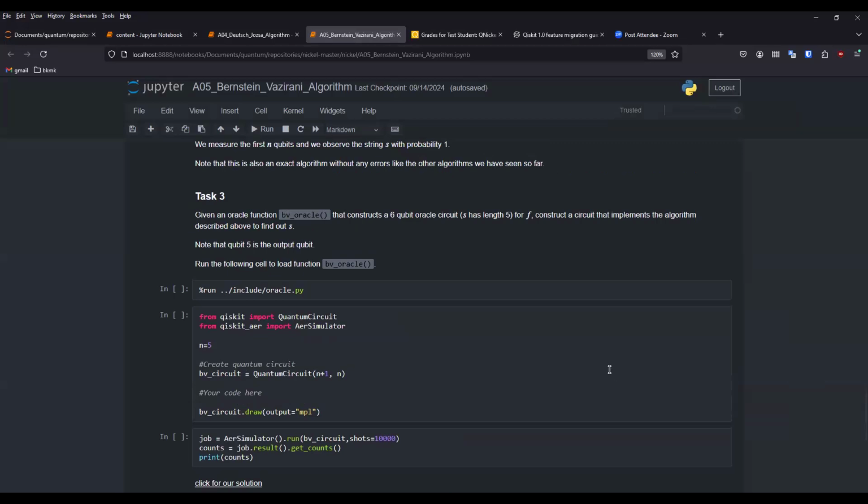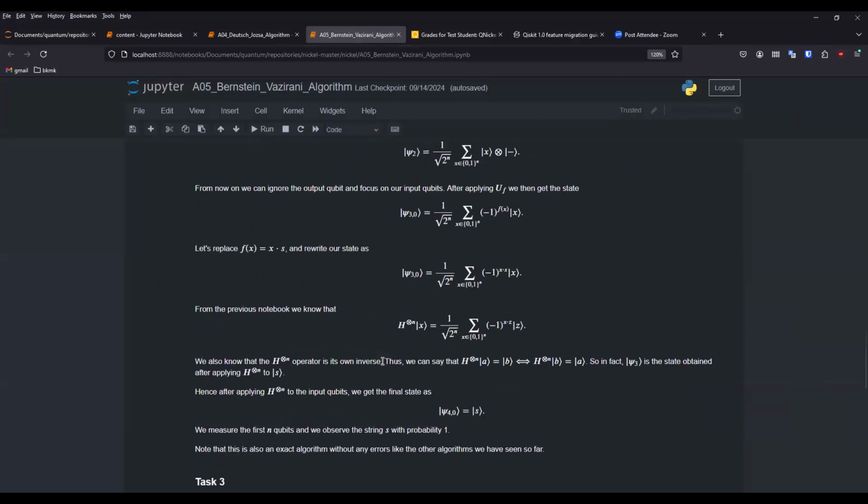This is a similar thing to what we did previously with Deutsch-Jozsa, and the solution is also similar. What do we do first?